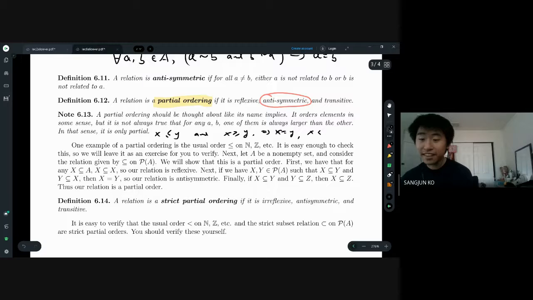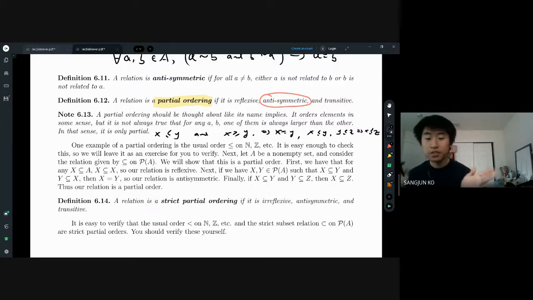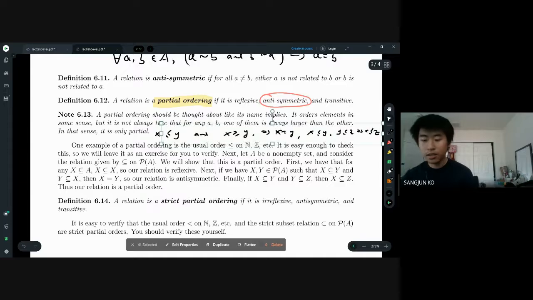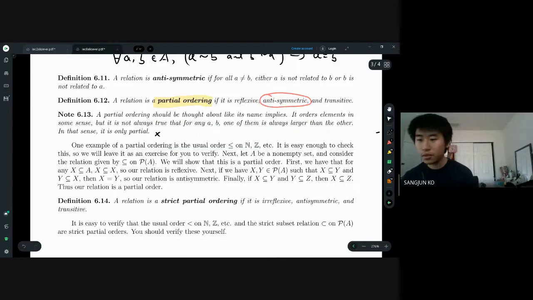And if x is less than or equal to y, and y is less than or equal to z, this implies that x is less than or equal to z. Nothing too interesting going on there. So we verified all three properties, and so this relation is a partial order.